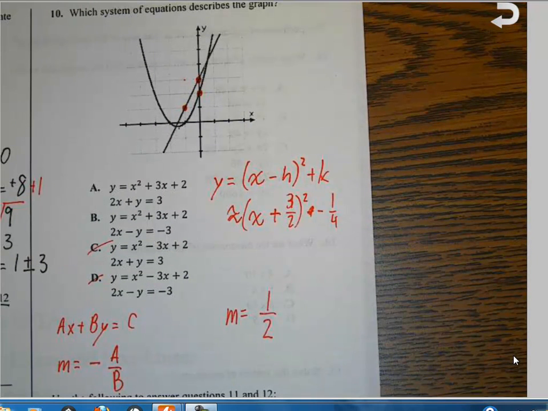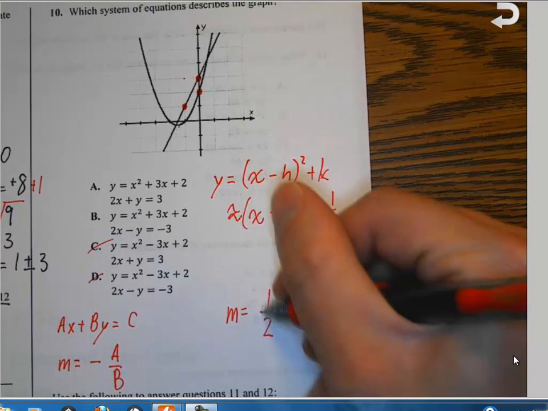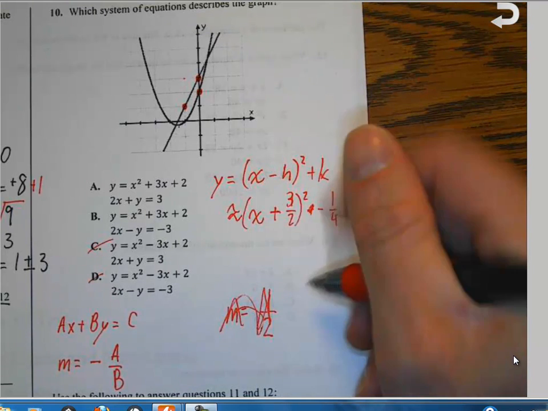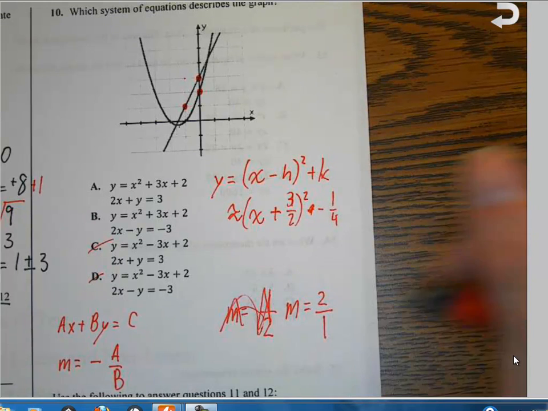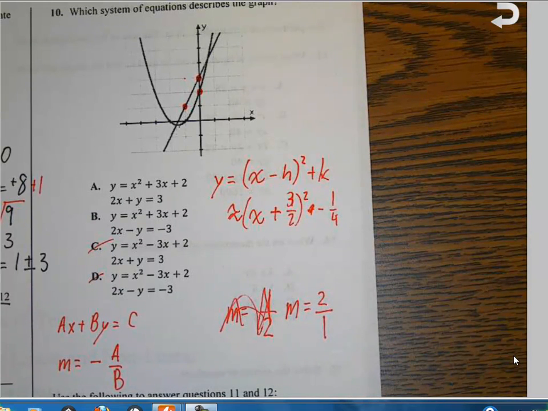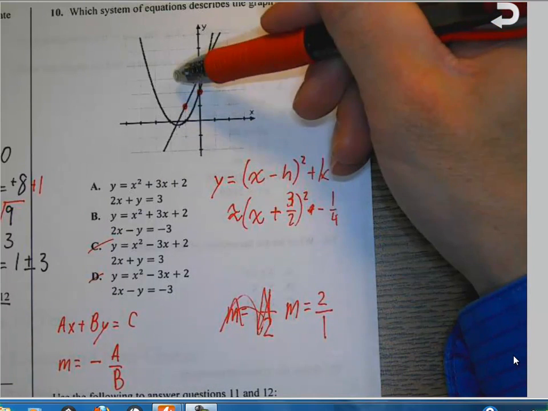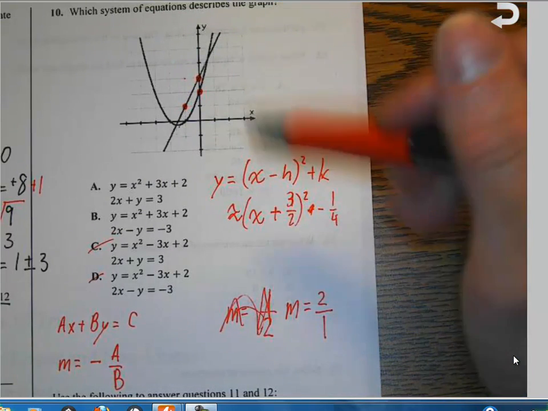Now, I know that the slope was 2 over 1, not 1 over 2. Slope is 2 over 1. Now I know that my slope is 2 over 1.